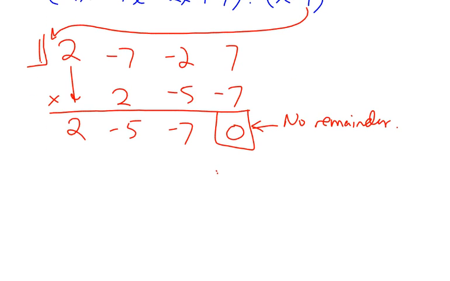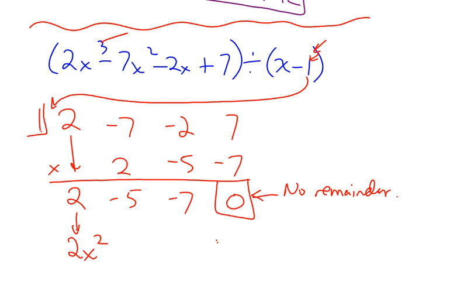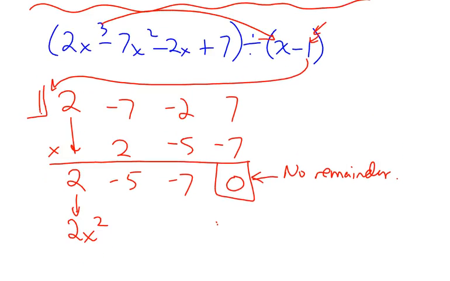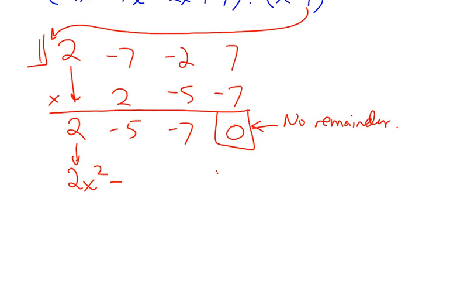So let's go ahead and write this out. When I divide, I get this new polynomial, 2x squared. And again, why is it an x squared? Because I divided an x cubed by an x. So I get 2x squared minus 5x minus 7 as my answer. Okay?